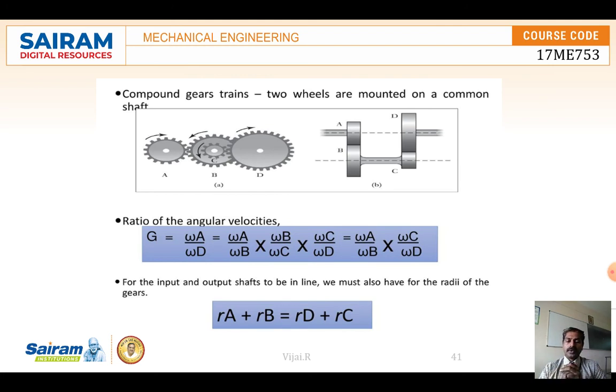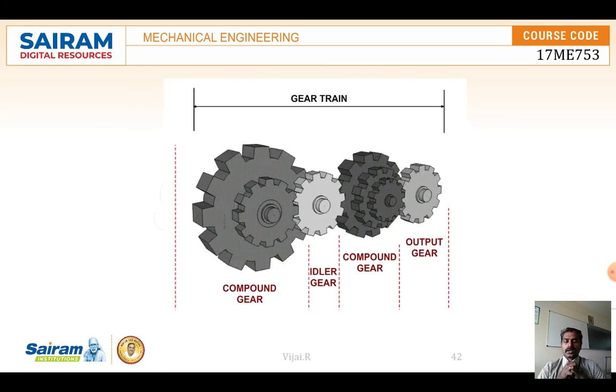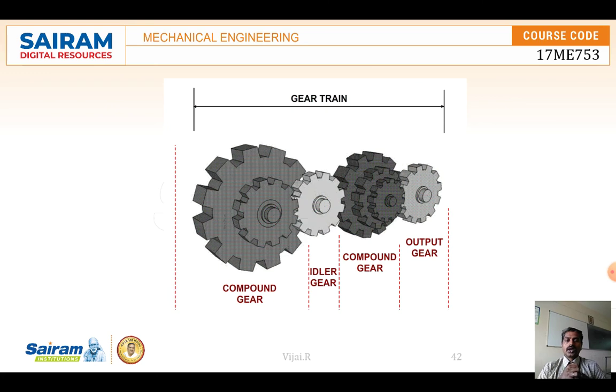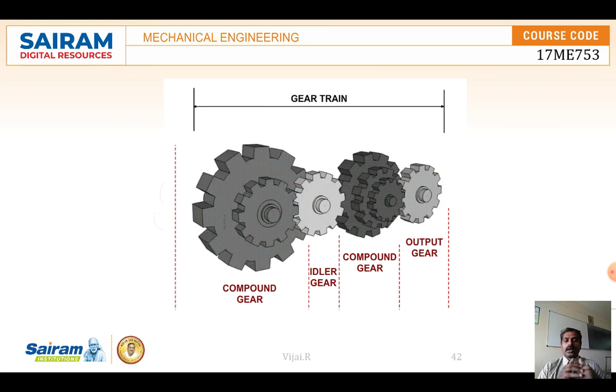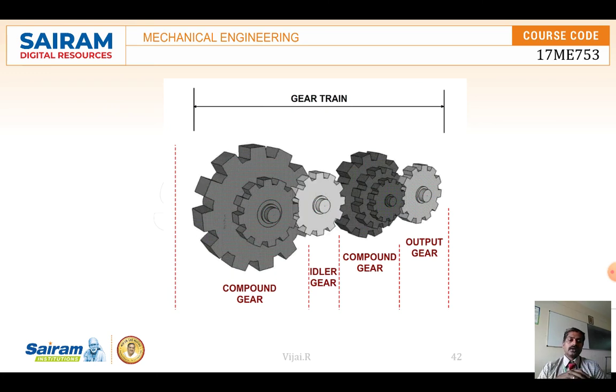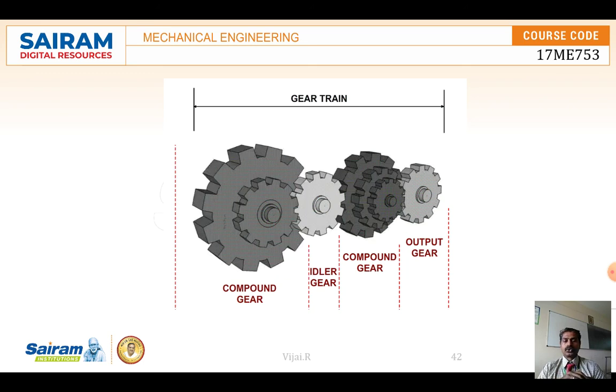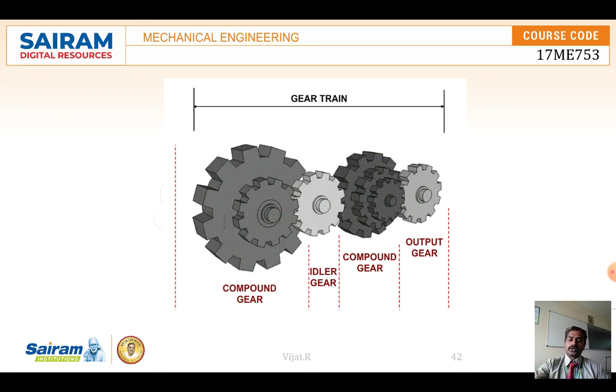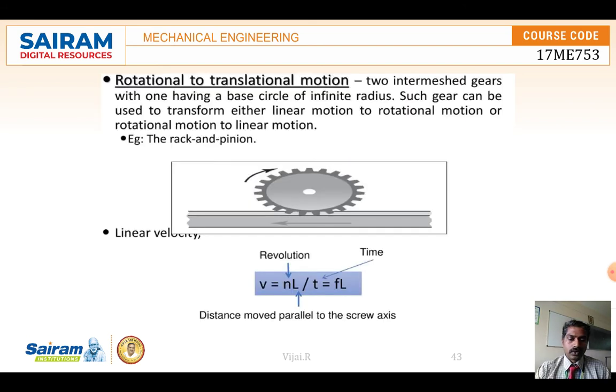The combinations of compound gear trains are also helpful. This is how a gear train works, and we can change the gears in between to change the speed of the output shaft.